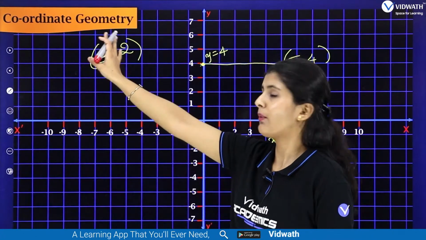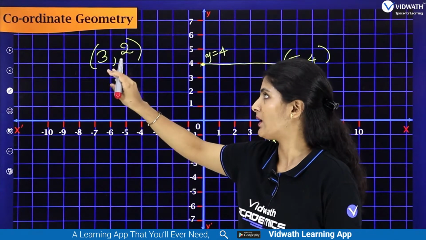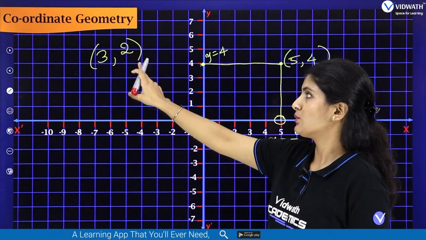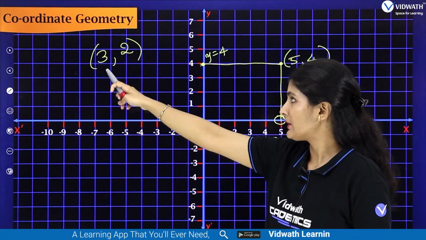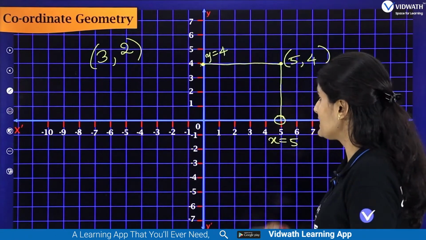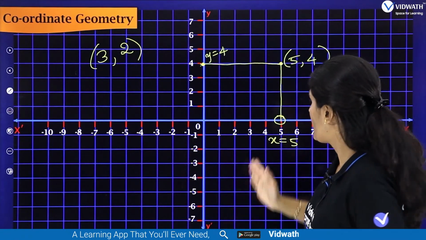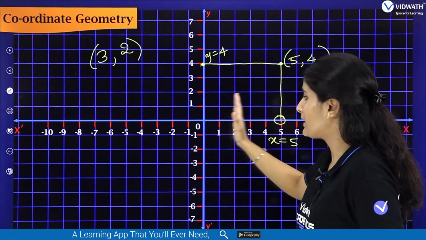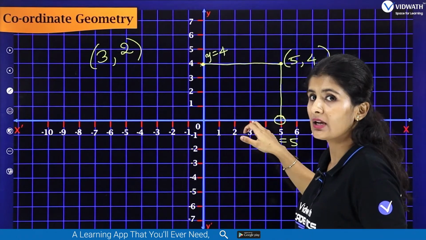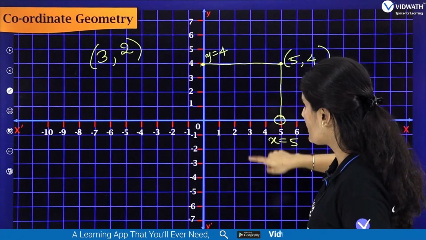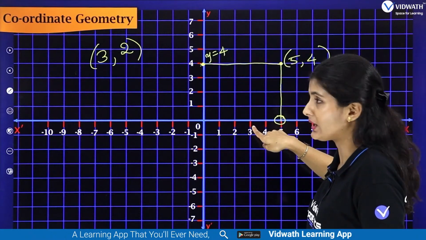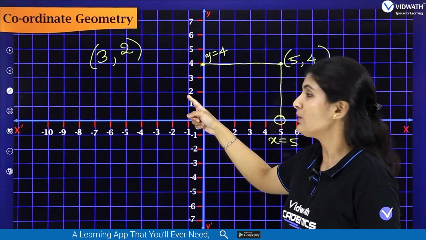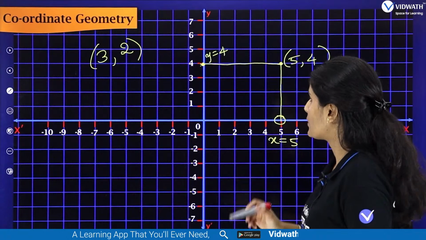Similarly, if I give you a random point, say (3, 2), this is the coordinates of a point. The point corresponding to these coordinates can be located on the plane. (3, 2) means the x coordinate is 3 and the y coordinate is 2. That means the point will lie on the vertical line parallel to the y-axis passing through x equal to 3, and also the point will lie on the horizontal line passing through y equal to 2.